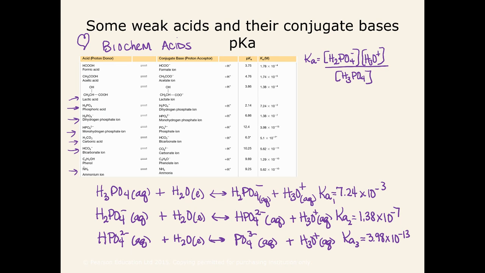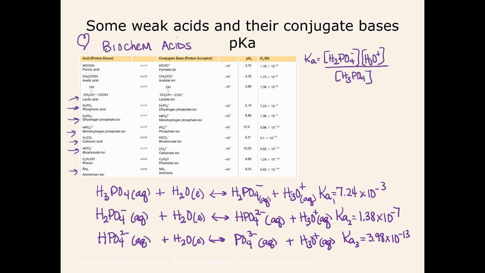Okay, so all three of these are not on our list of strong acids, correct? So they are not strong acids. They're all weak, but they're not all equally weak.